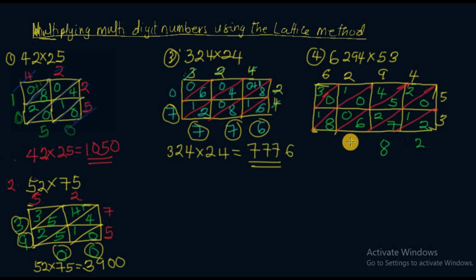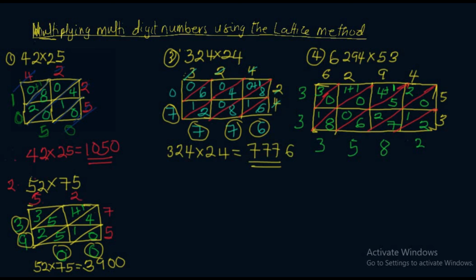So write only the ones value, take the 10 value to the next diagonal. So 4 plus 1 gives you 5, and then 5 plus 8 gives you 13. So as usual, you write the 3, take 1 to the next one. This 1 plus 1 is 2 plus 1 is 3.